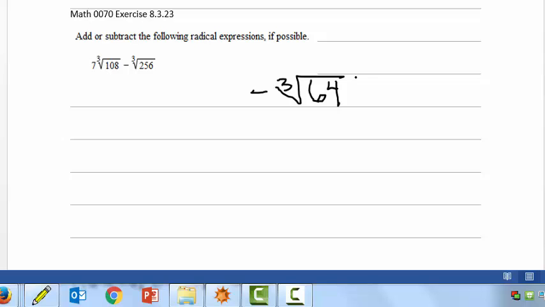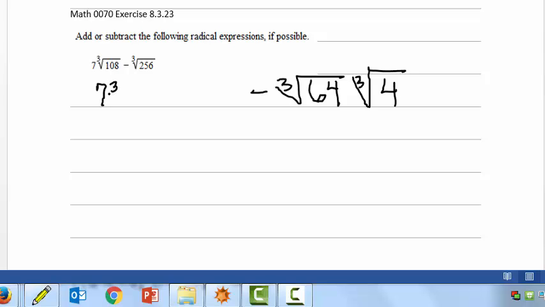It's not a guarantee of that. But when I see that I have a leftover radical of cube root of 4 here, I suspect that I may have that with the cube root of 108.